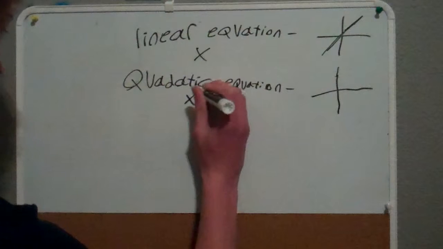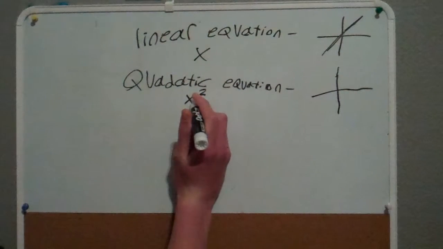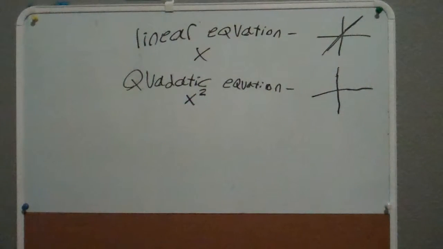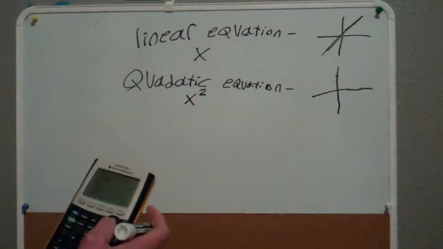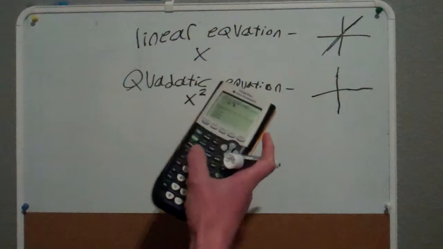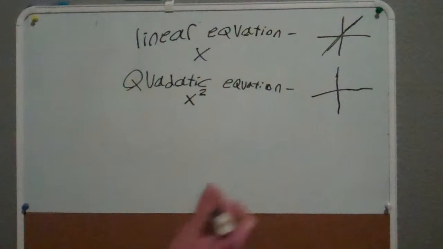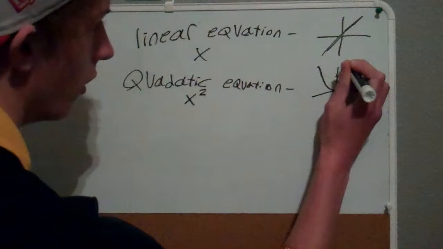We're just going to use this equation. The parent function is just x squared. So when you put in x squared, you go to y equals on your calculator, press this button right here, and you'll put it in, throw in x squared. It's going to look like this. It's almost going to be like a U, like that.